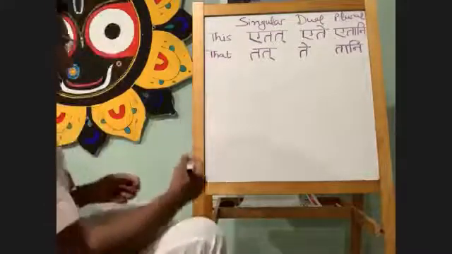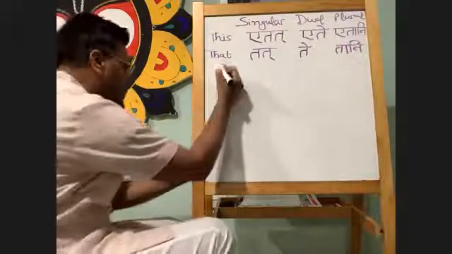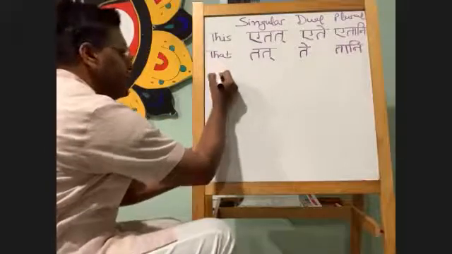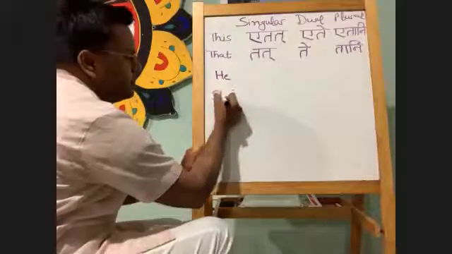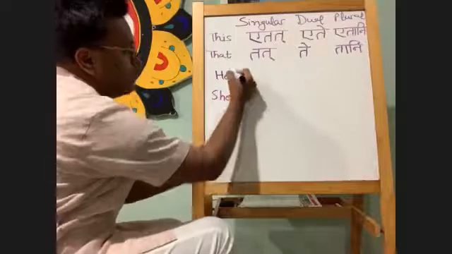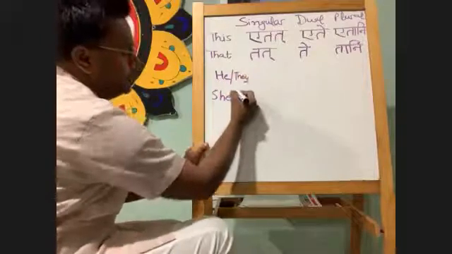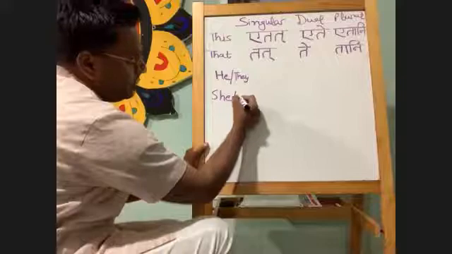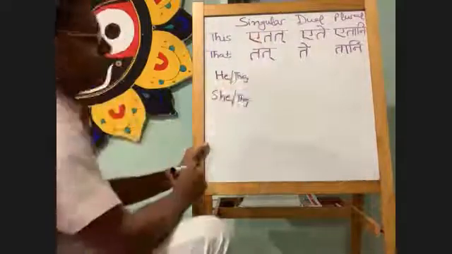And same way, now let's do he and she. How do you address he or she, he or they, or she or they, addressing singular, dual, or plural.